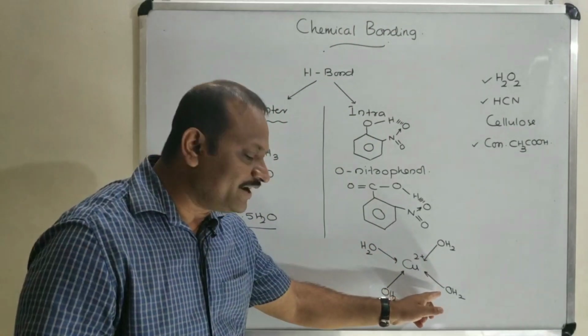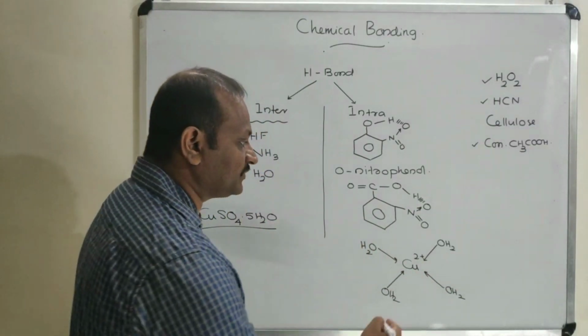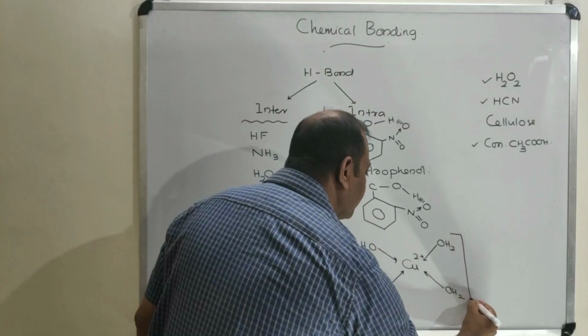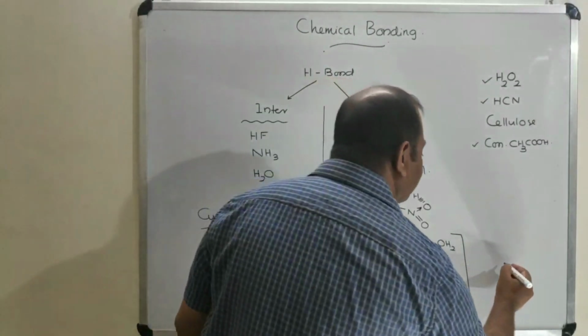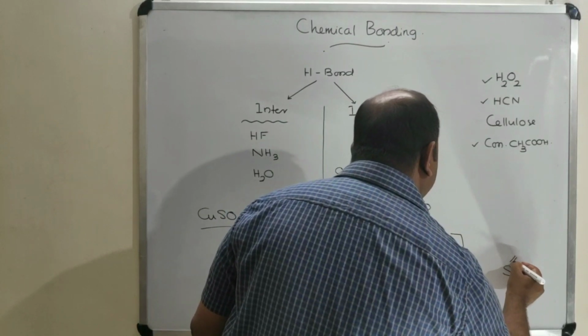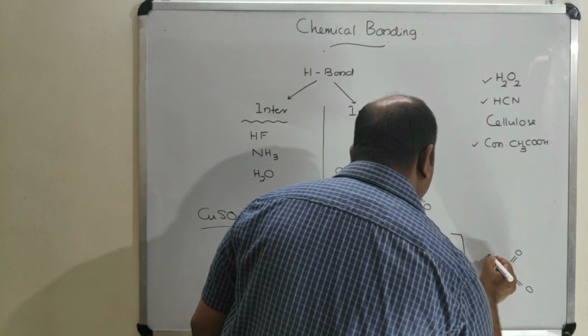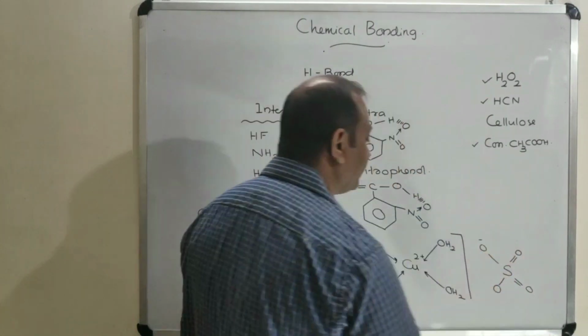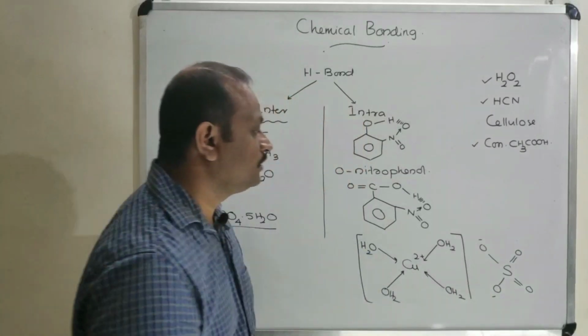And what's the bond? It's a coordinate bond. And copper is carrying a 2+ charge. And now the coordination sphere is closed. And outside you have SO4. So S double bond O, then you have O minus. Here also O minus. So sulfate is there outside, isn't it?